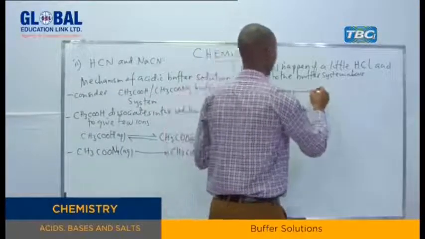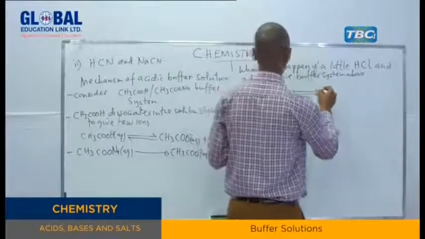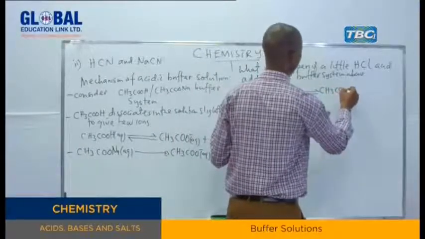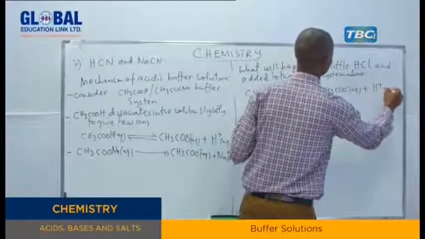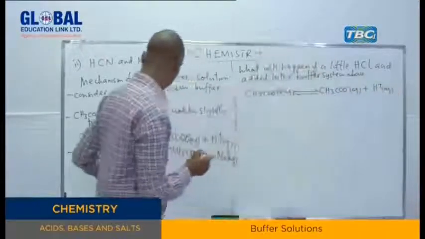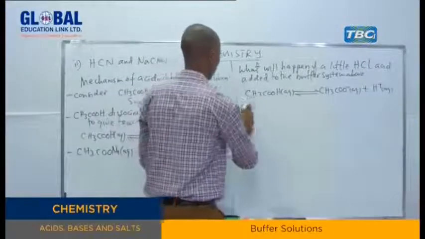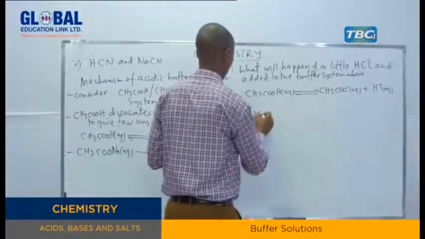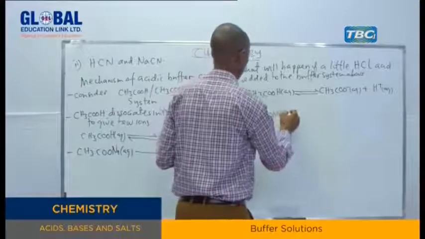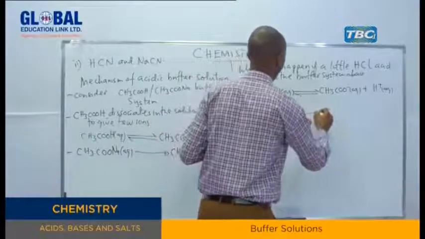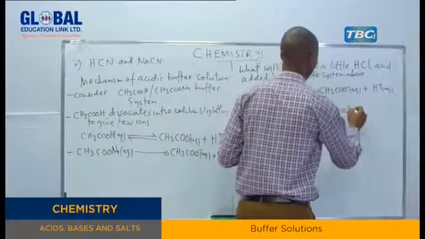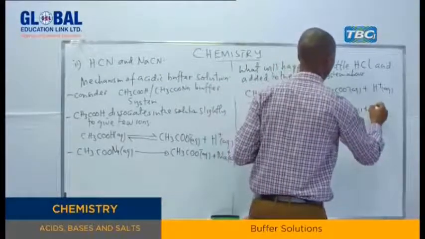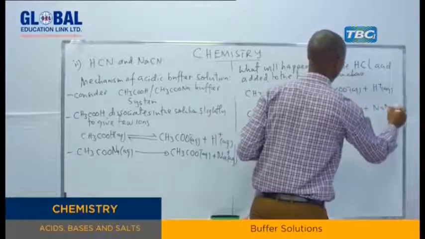Acetic acid will ionize partially to give the acetate ions and hydrogen ions. And also the sodium acetate will ionize completely to produce the acetate ions and the sodium ions.